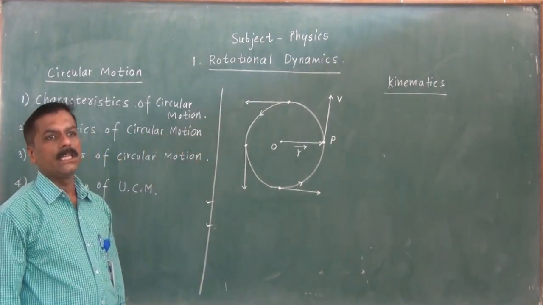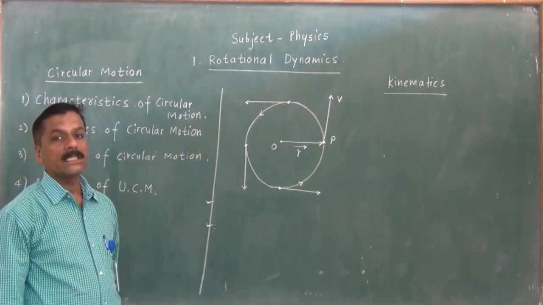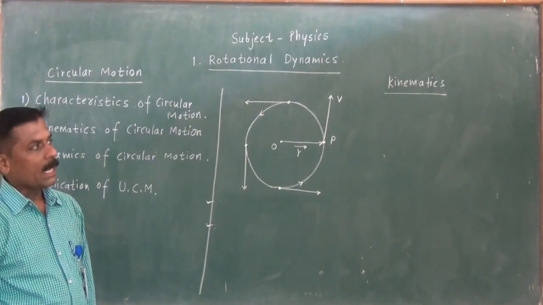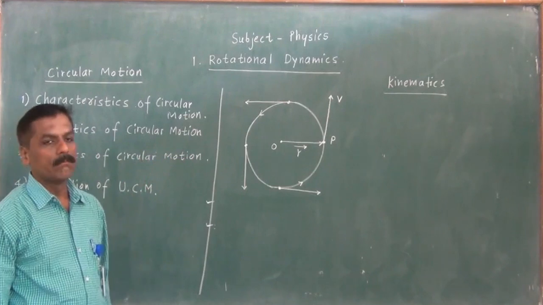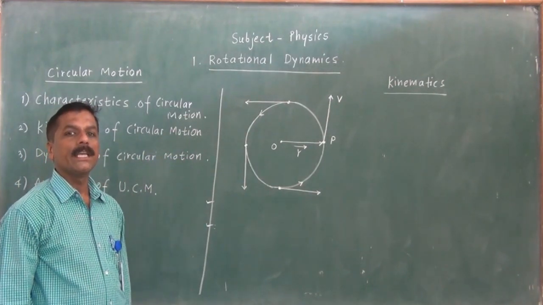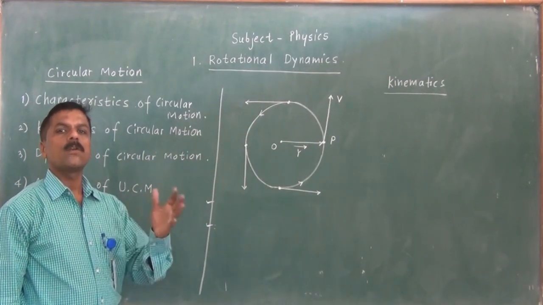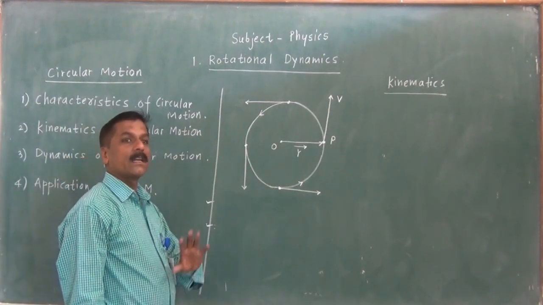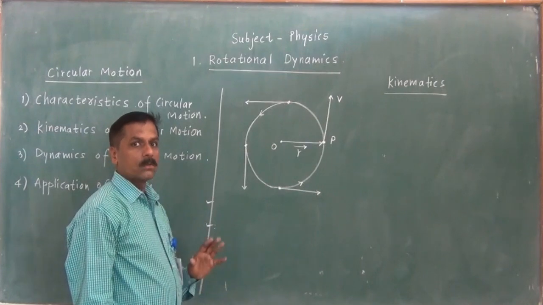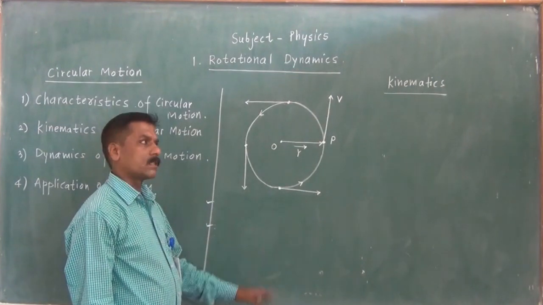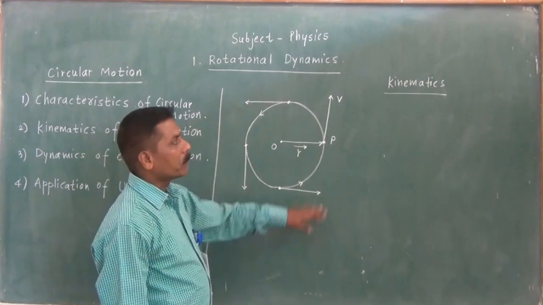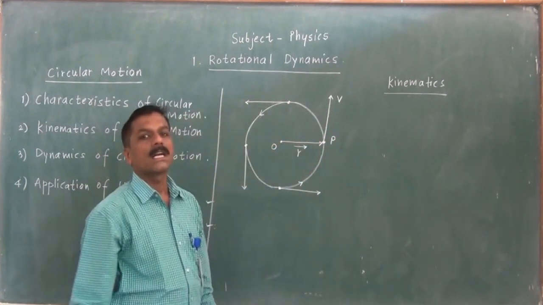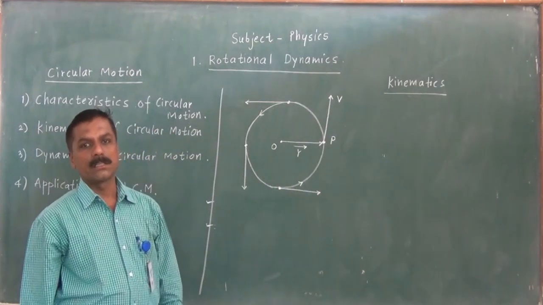Again, we have seen kinematics is the branch of mechanics, and it deals with the study of the motion of an object without considering their causes. Already we have seen this in the kinematical equations.